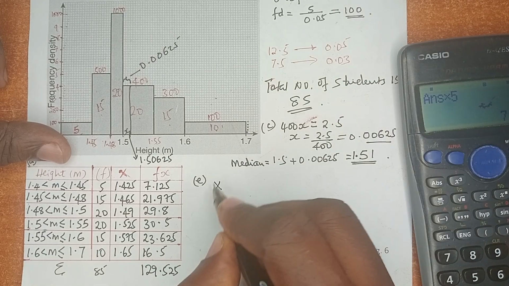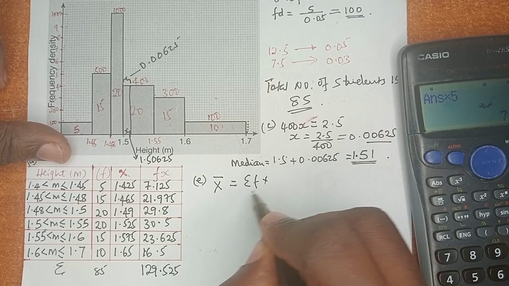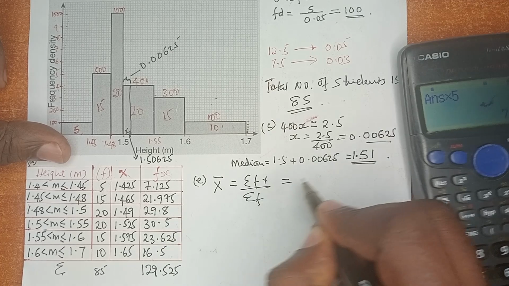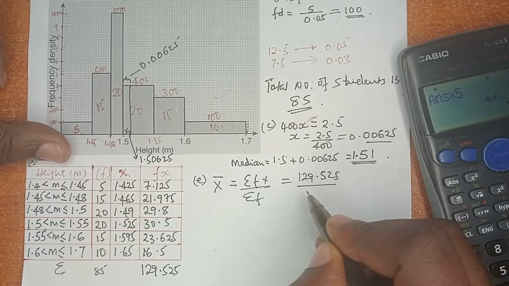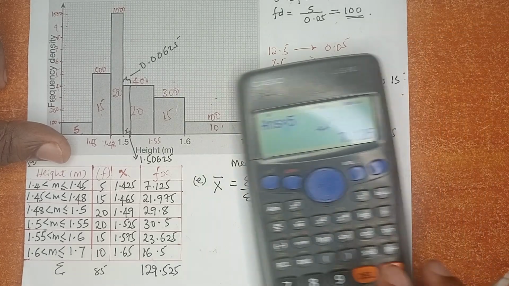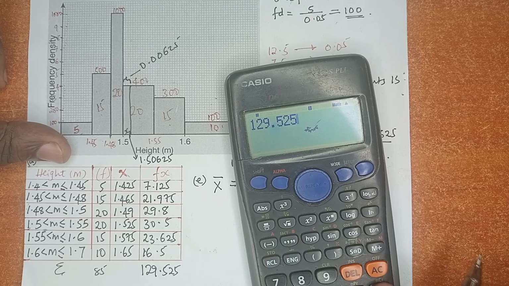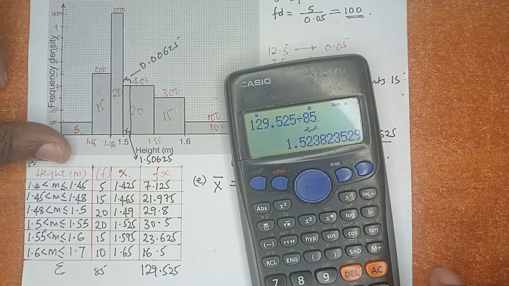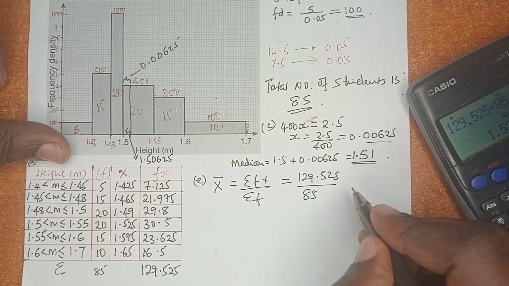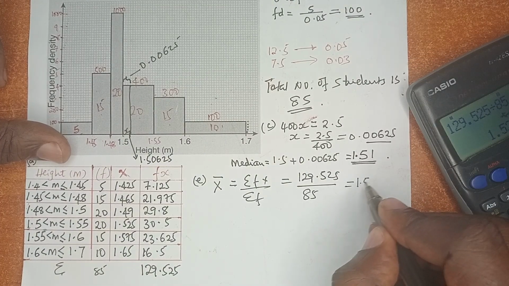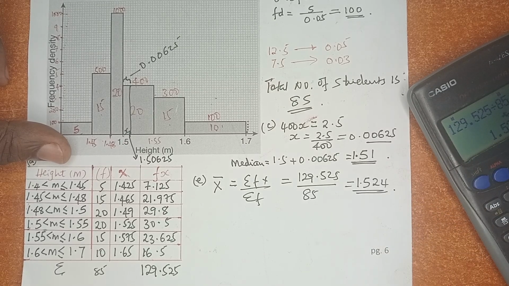And therefore, the mean x bar is sigma fx over sigma f, which is 129.525 all over 85. Let us see that. 129.525 divided by 85, which is 1.524. And that is the mean of our data.